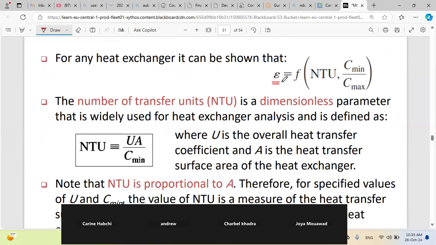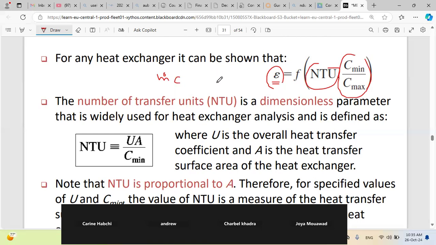We'll see that the value of epsilon will depend mainly on two parameters. A parameter that we'll define now, which is called NTU, and another parameter related to the properties of the hot and cold fluid, which is big C minimum over big C maximum. That is, we should do m dot times small c.